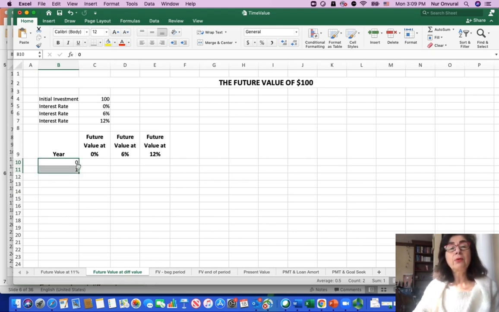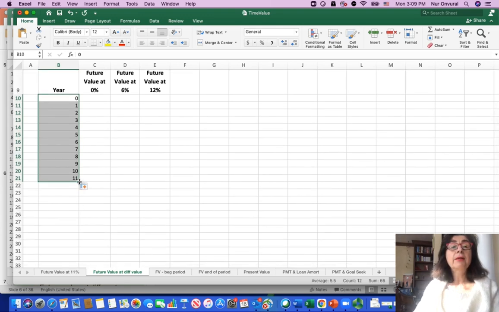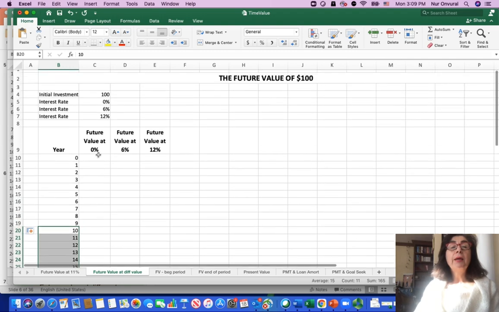To copy that down, I go to the end of those highlighted cells, and when I see that plus sign, I drag it down, all the way to 20 years.